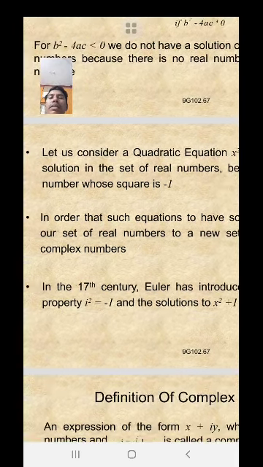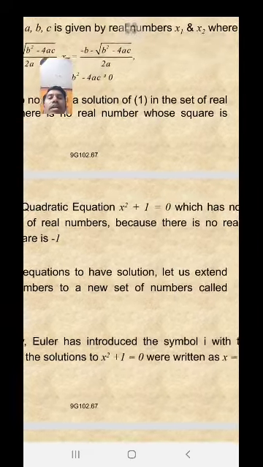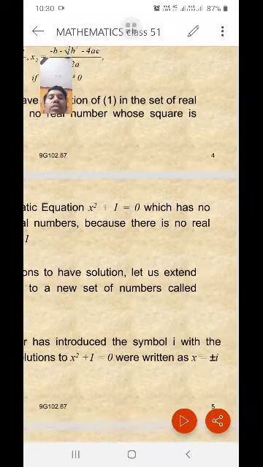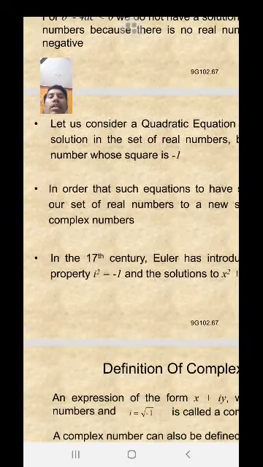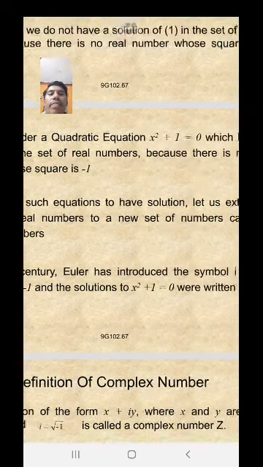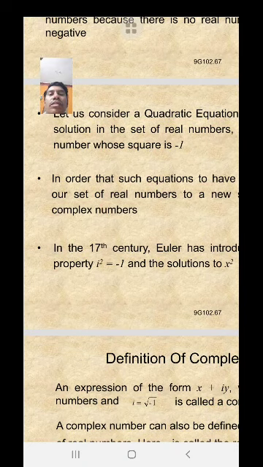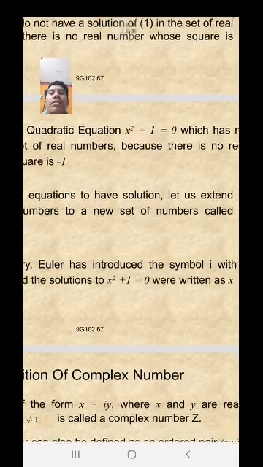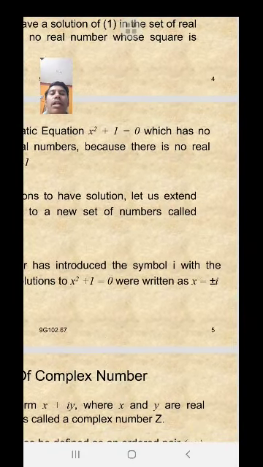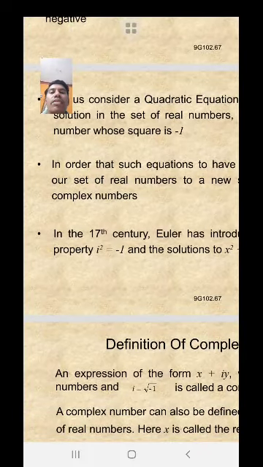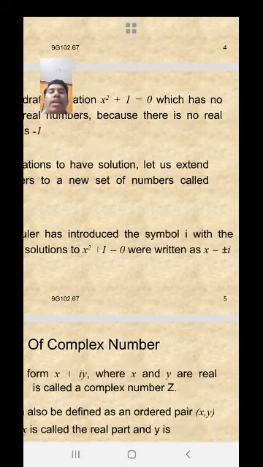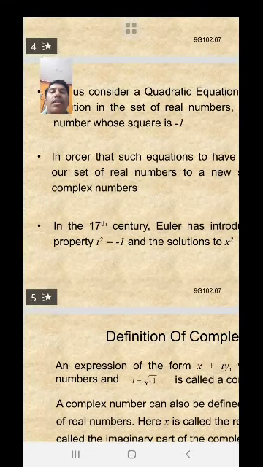Let us consider the quadratic equation x square plus 1 equals 0, which has no solution in the set of real numbers, because there is no real number whose square is minus 1. In order that such equations have solutions, let us extend our set of real numbers to a new set of numbers called complex numbers.